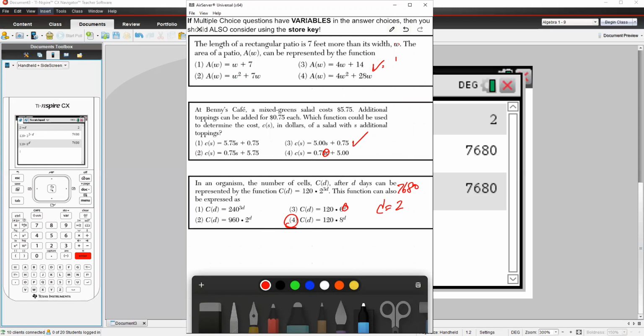This one here, even though it did say equivalent, all you're doing is storing a number and finding the one that matches. And we did that. All right, I'm going to stop this and I'm going to post it.